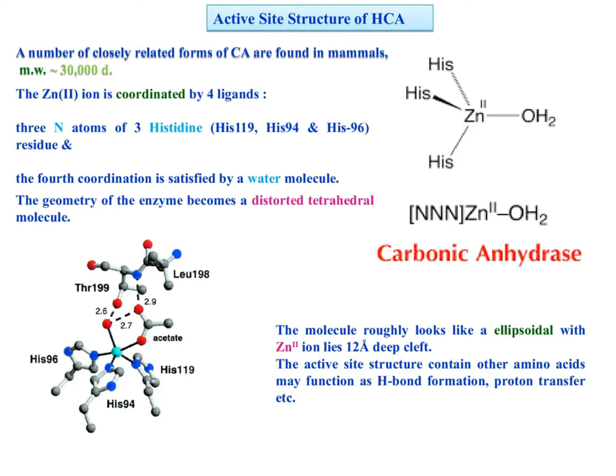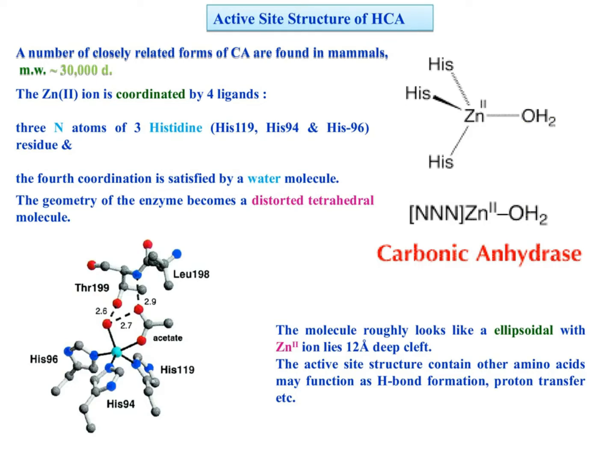So overall, the structure is nothing but a distorted tetrahedral geometry. Again, the molecule roughly looks like an ellipsoidal structure in which zinc(II) lies 12 Angstrom deep in a cleft inside the enzyme cavity.